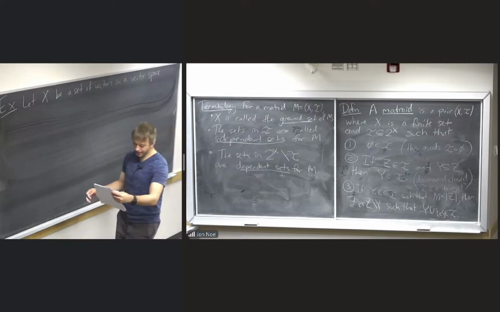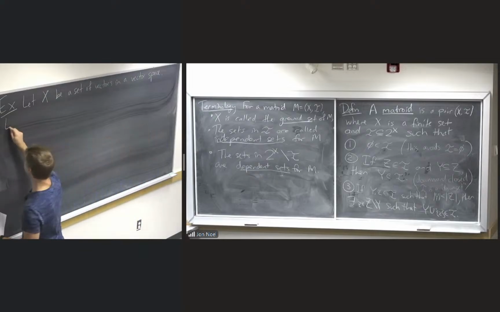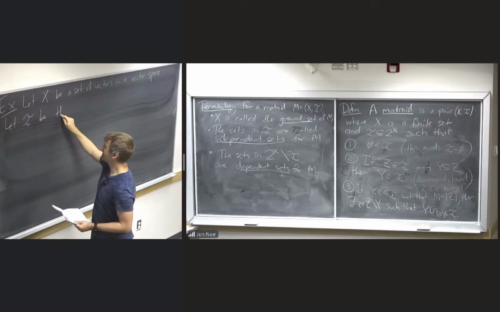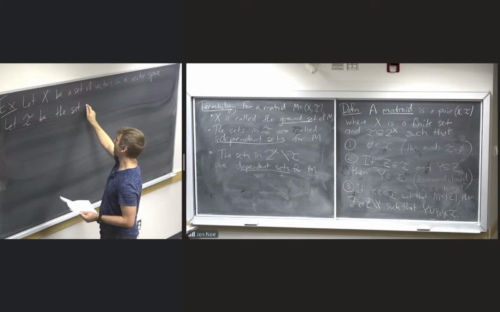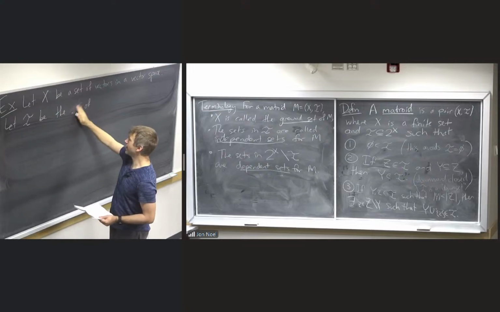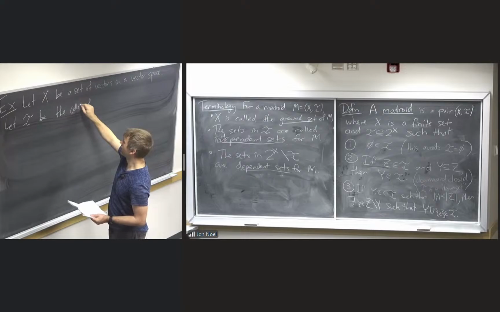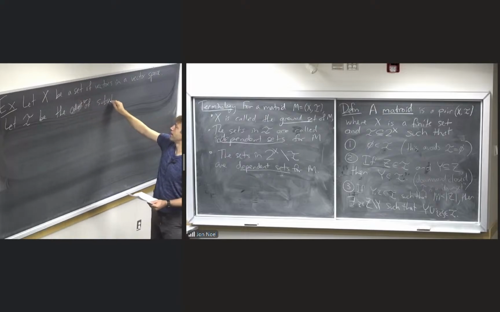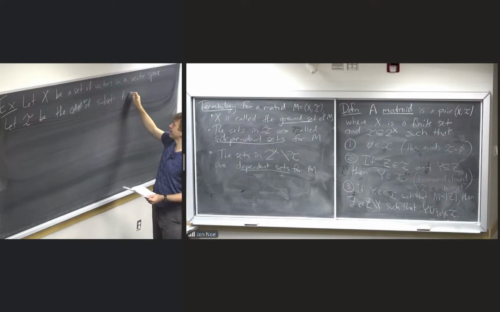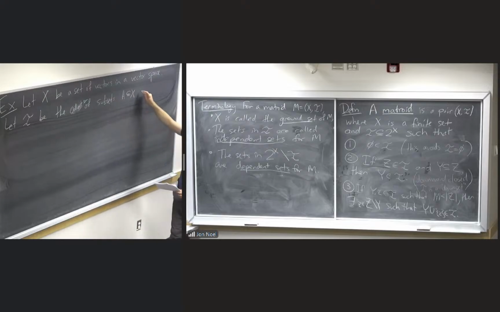So now we could let I be the collection of subsets, let's say A is a subset of X, where the elements of A are linearly independent.